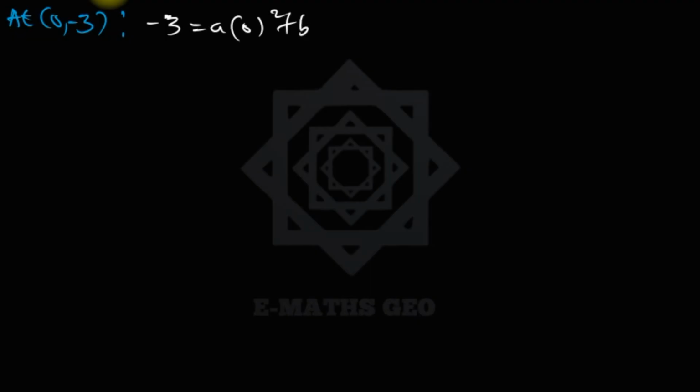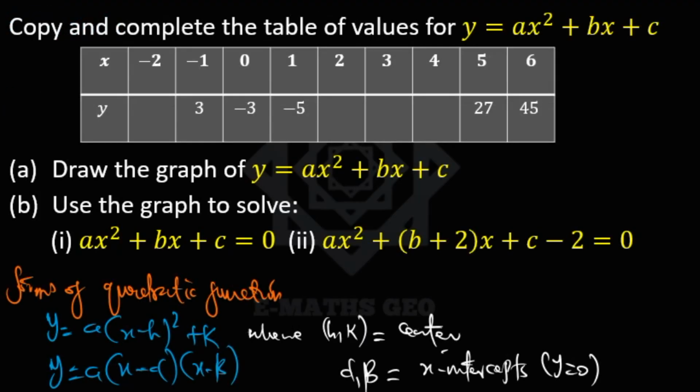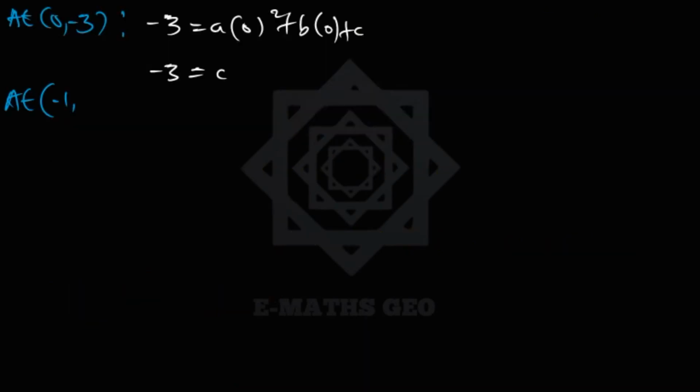So it will be faster to get one of the unknowns, which is c. So we now have that c is minus 3. We've gotten one of the unknowns. Let's choose another point, x equals minus 1, y equals 3.